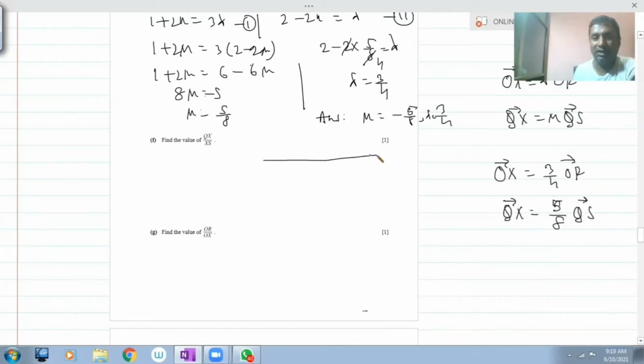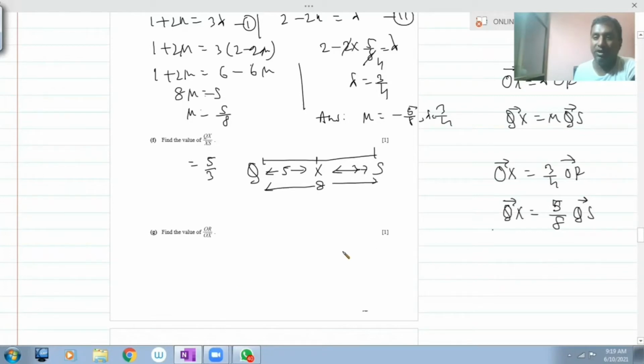Suppose this is the line: this is Q, this is X, and this is S, and the whole thing is 8. QX is 5. We are finding QX is to XS, so XS will be 3 parts. So this is 5 by 3.